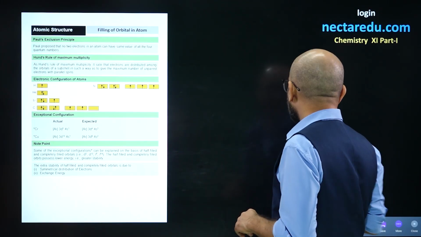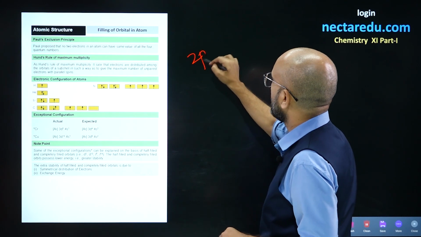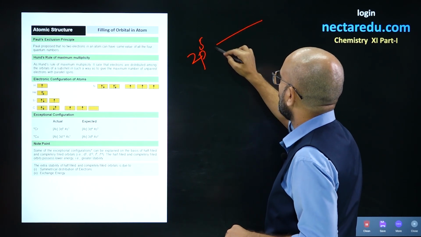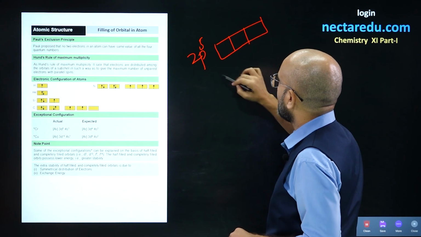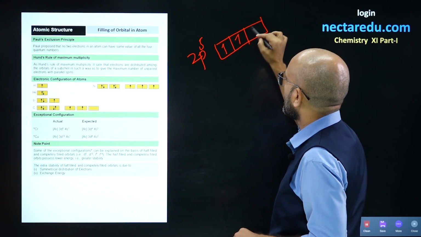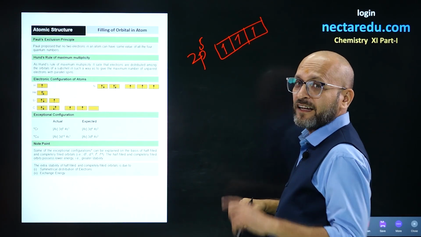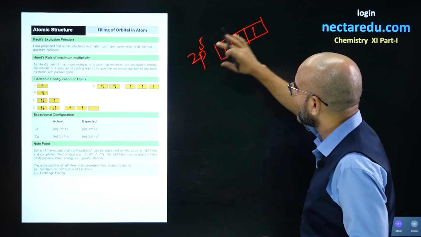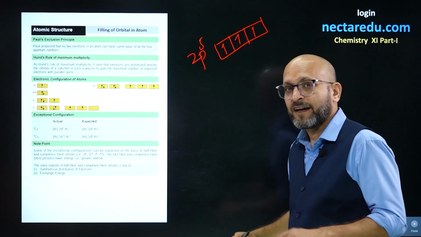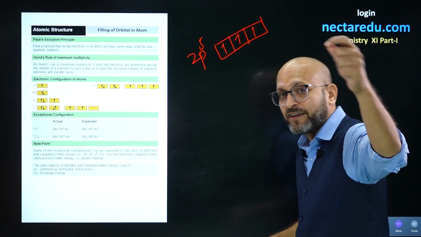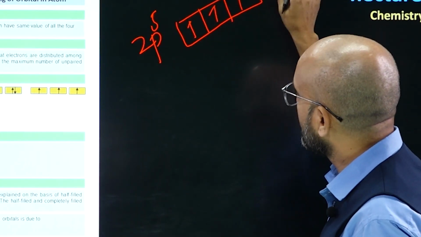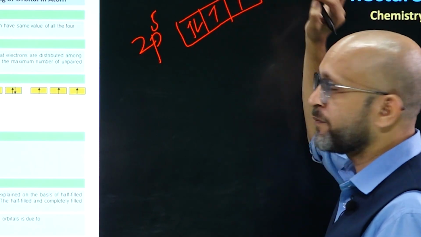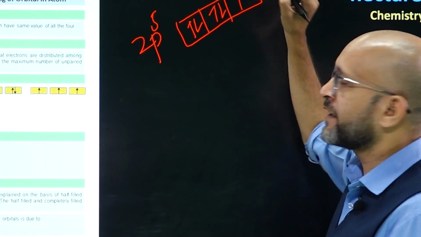If it is 2p5, you have to fill it like this: first electron, then second electron, then third electron, and then the fourth electron will get paired. When each orbital has one electron, then the pairing will start. So when three are filled, the fourth electron will be paired like that, and the fifth will be paired like that.